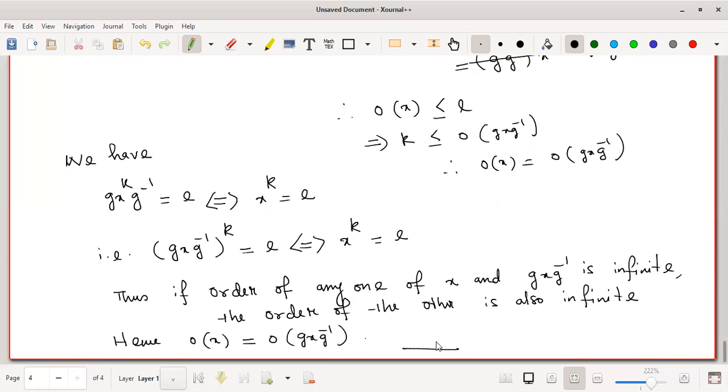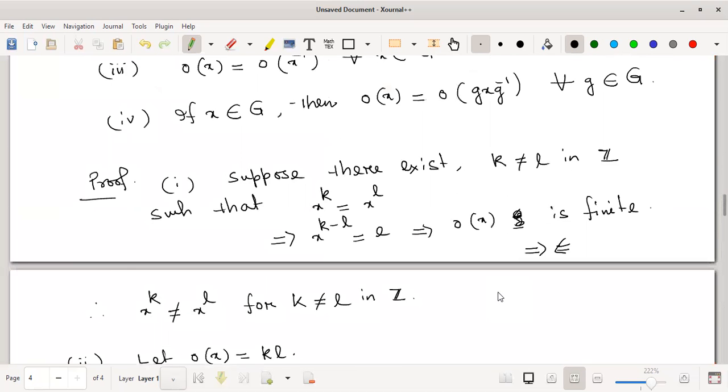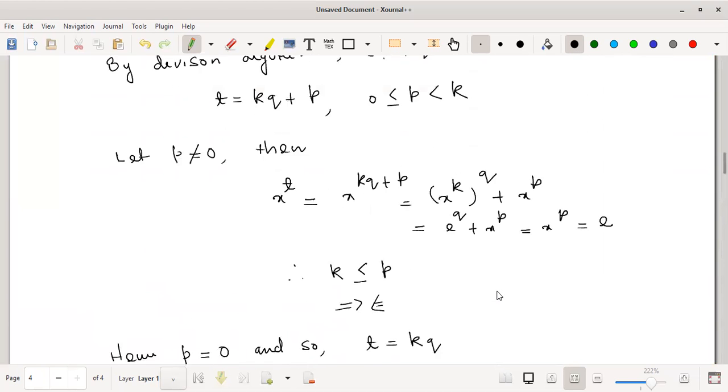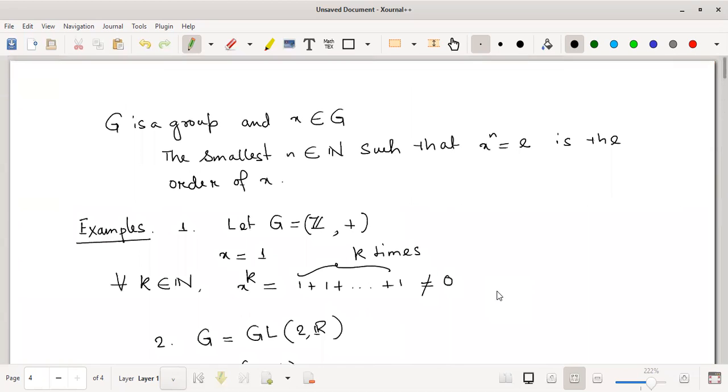So what we have proved in this lecture, if we recall, is that we have seen some examples to understand what order actually is. We have seen that in a group, if there exists a smallest natural number for which an element to the power that natural number is identity, then that smallest natural number is called the order of that particular element.